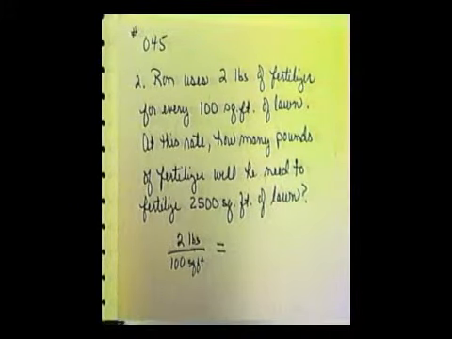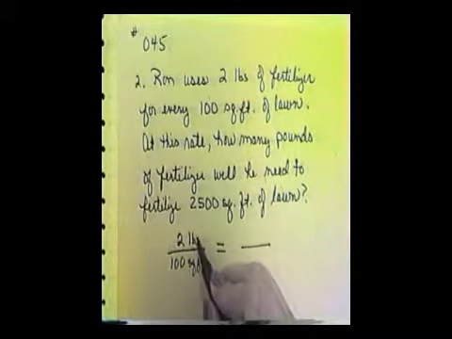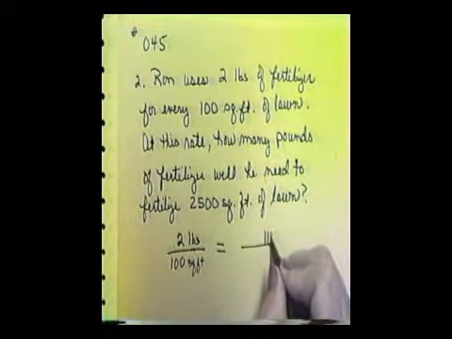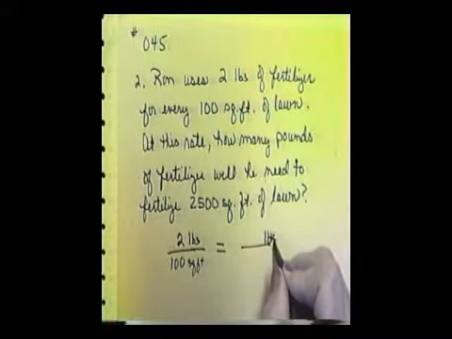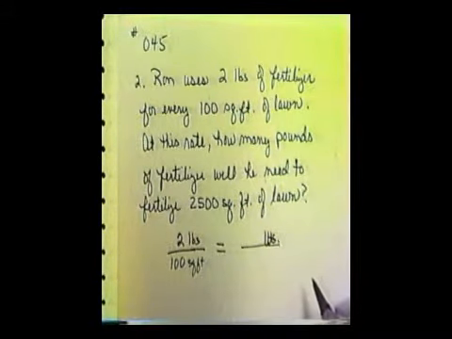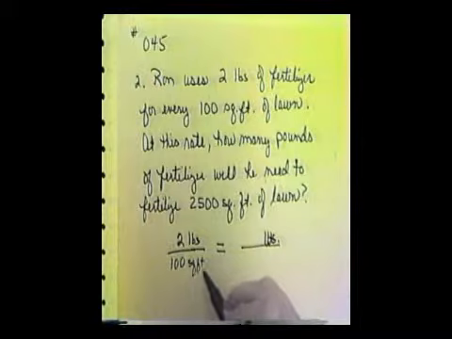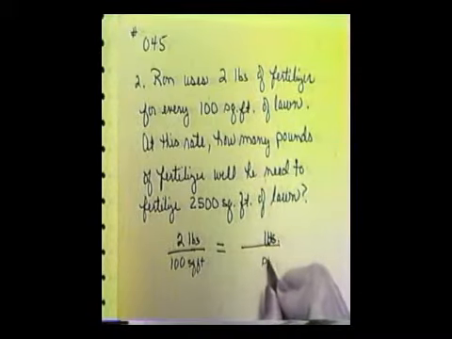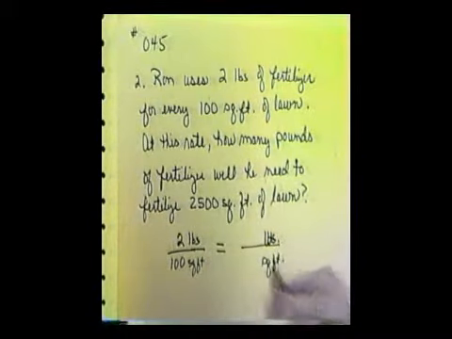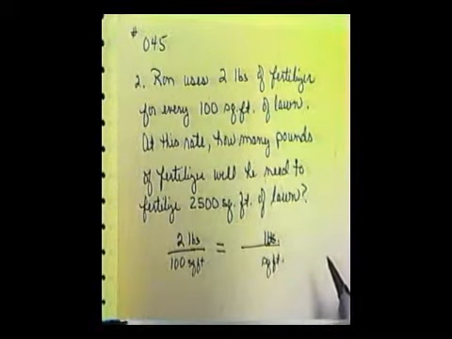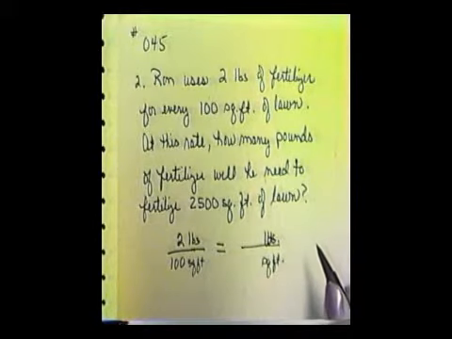Now my second ratio has to match that. Since I have pounds in the numerator on my first fraction, I must put pounds in the numerator on my second fraction. And since I have square feet in the denominator of my first ratio, I must have square feet in the denominator of my second ratio.